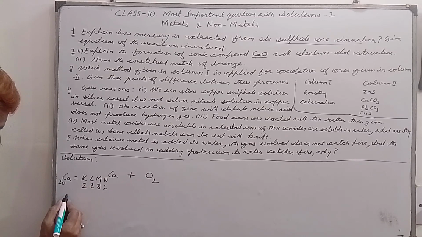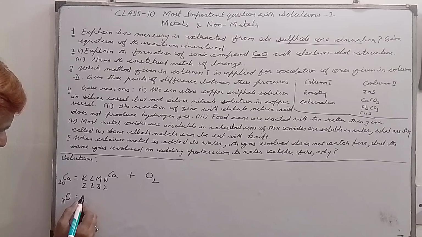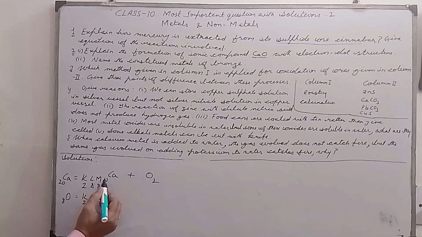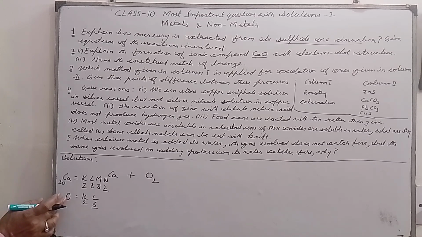And in oxygen, atomic number of oxygen is 8. In the K shell 2 electrons, in the L shell 6 electrons. In calcium, in the outermost shell we have 2 electrons, and in the outermost shell of oxygen we have 6 electrons.